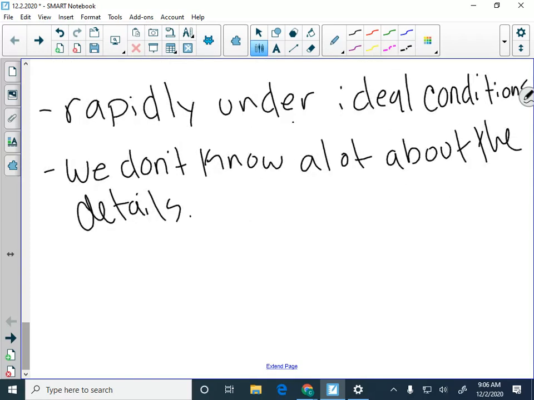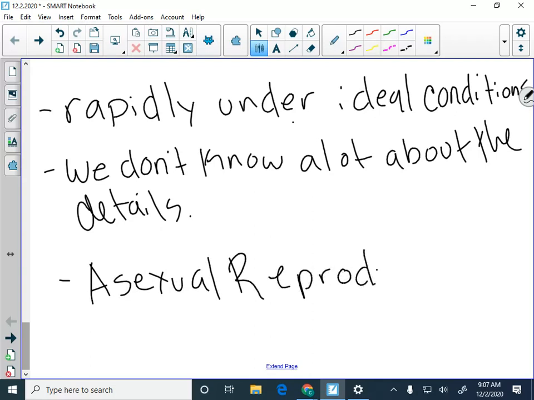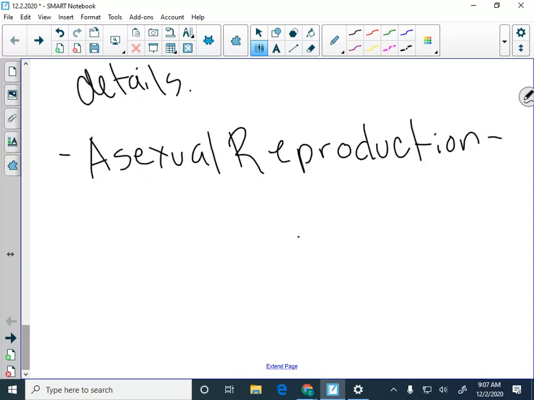What we do know is when prokaryotes divide, it is a type of asexual reproduction. So, in prokaryotic cell division, asexual reproduction equals division.